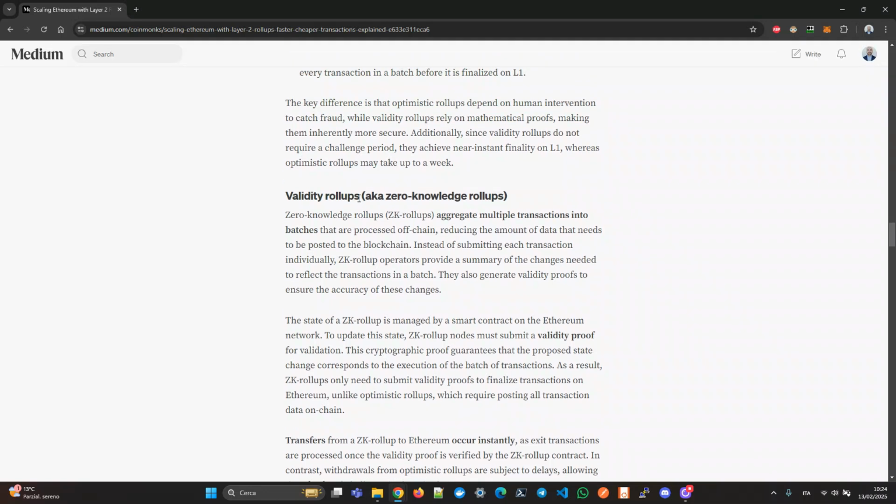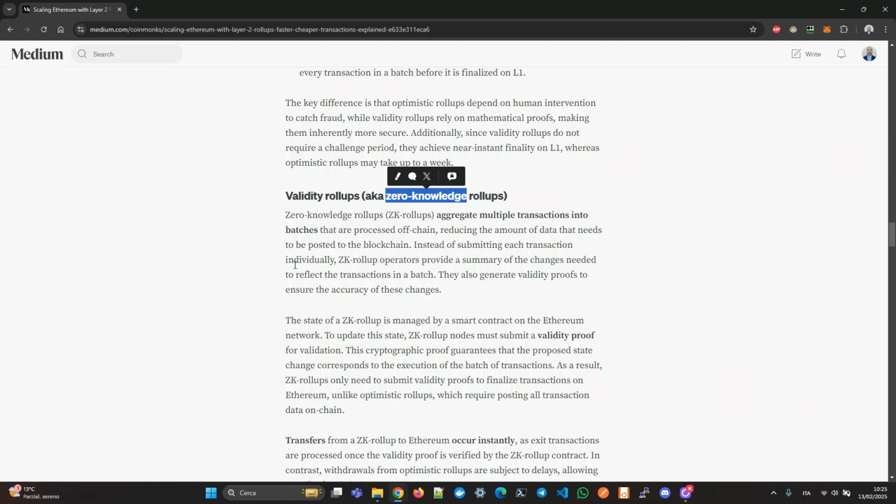So the validity rollups are also known as zero knowledge rollups, and the basic principle is that they aggregate multiple transactions into batches that are of course processed off chain, and this batch is then posted to the blockchain instead, of course, of submitting each transaction.